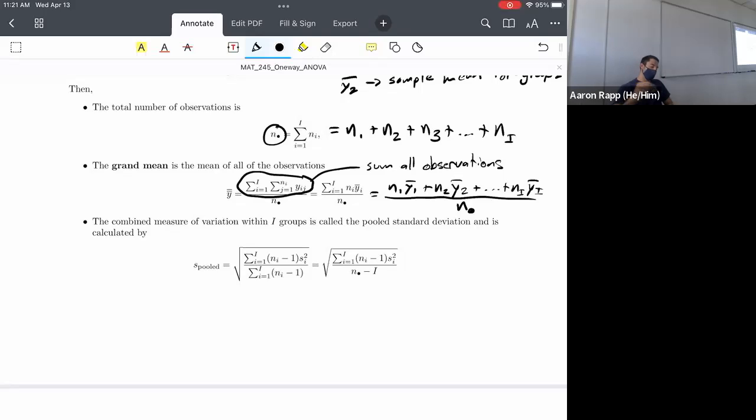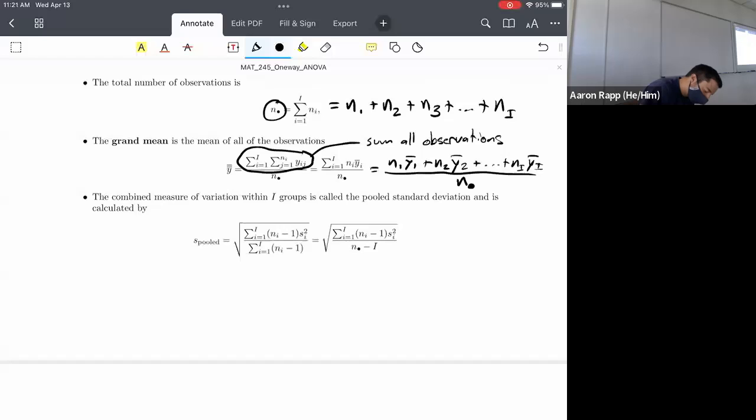So you fix the outer one. And then the sum goes from 1 to n sub i. So I let the lowercase i be 1, 2, 3, 4, 5, and so on.